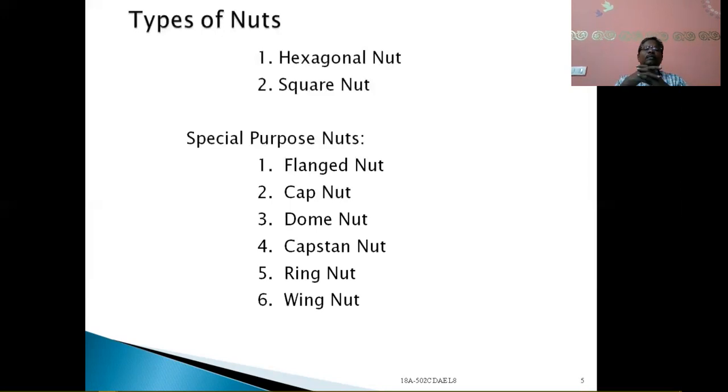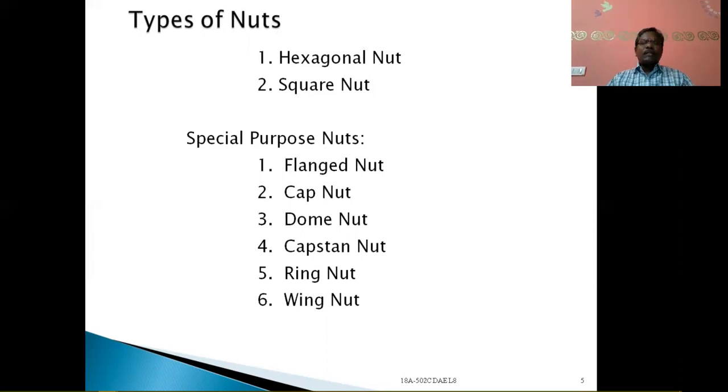These are the different types of nuts, and mainly we use hexagonal nuts and square nuts. Among square and hexagonal, the hexagonal nut is used most commonly, just as in bolts we mostly use hexagonal bolts, which are in the shape of a hexagon, right? So these are the different types of nuts and bolts.